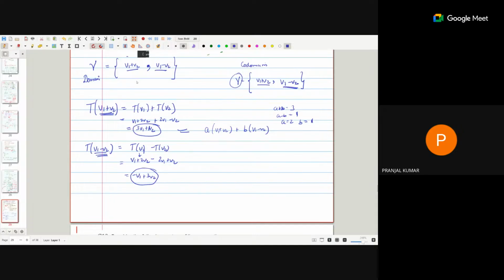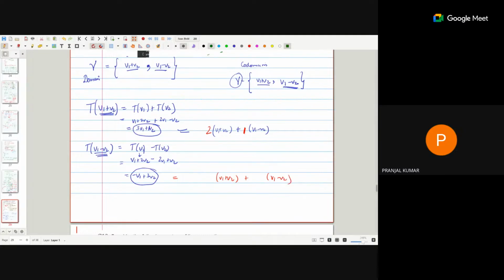Okay, so now I'm going to directly write it. A as 2 and B as 1. Similarly, you will express this also in terms of V1 plus V2 and V1 minus V2.